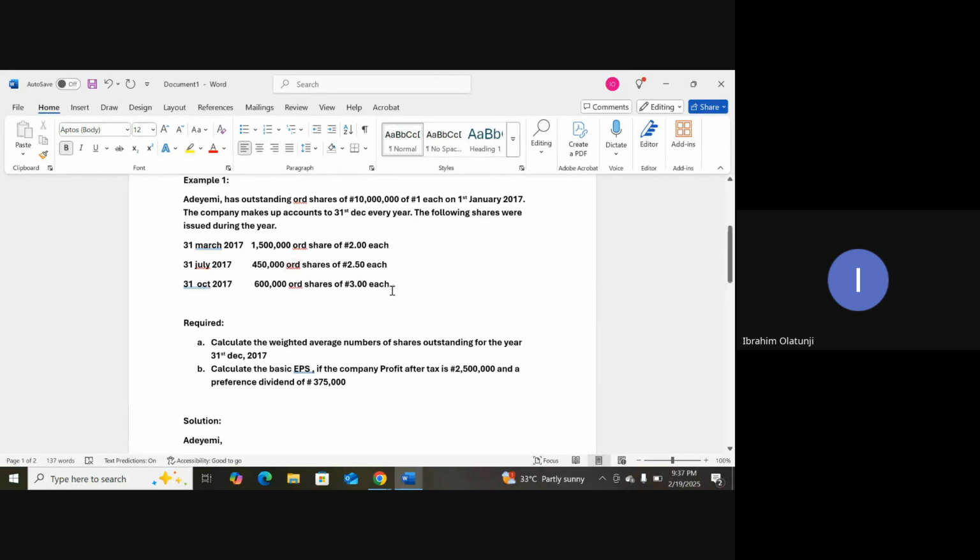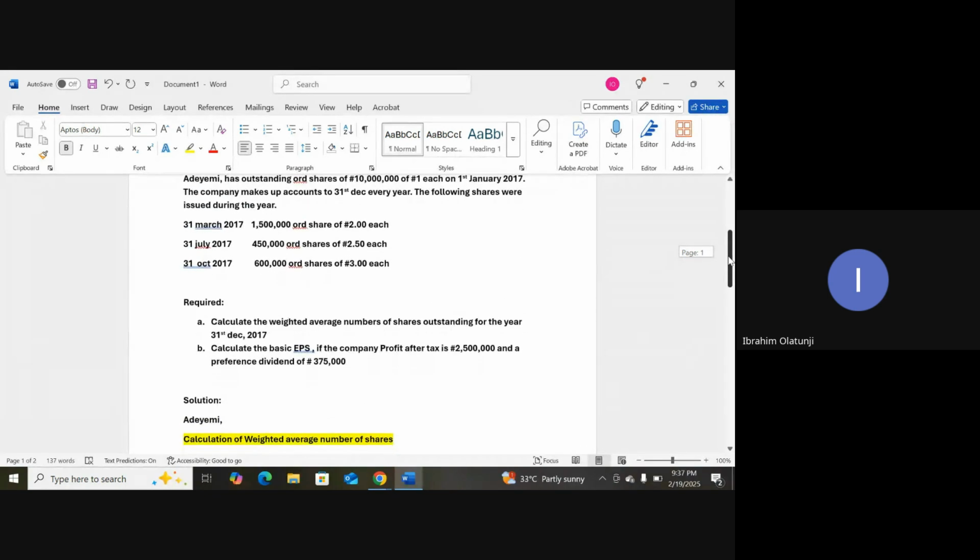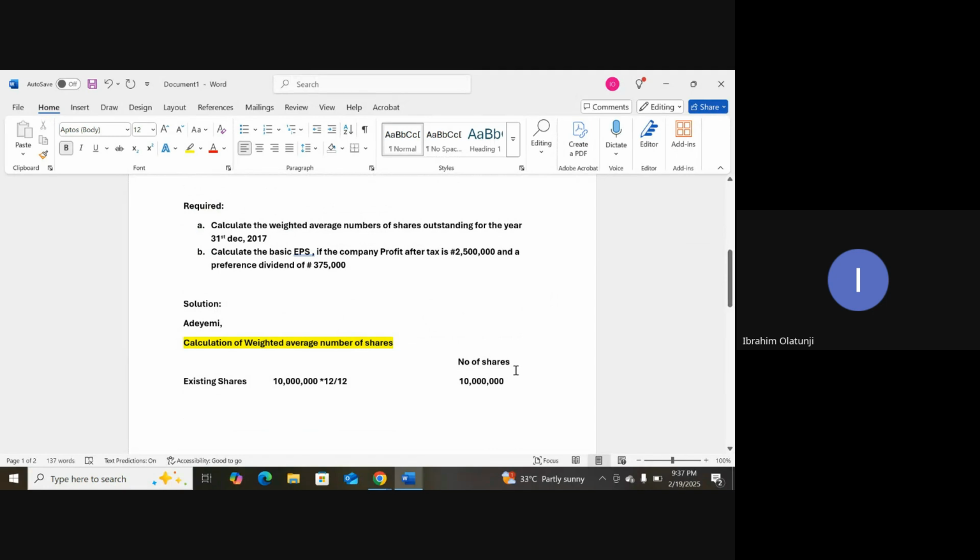We think of the new share issue for 31st March 2017. That's the new share that was issued. On which date is that? On 31st March.